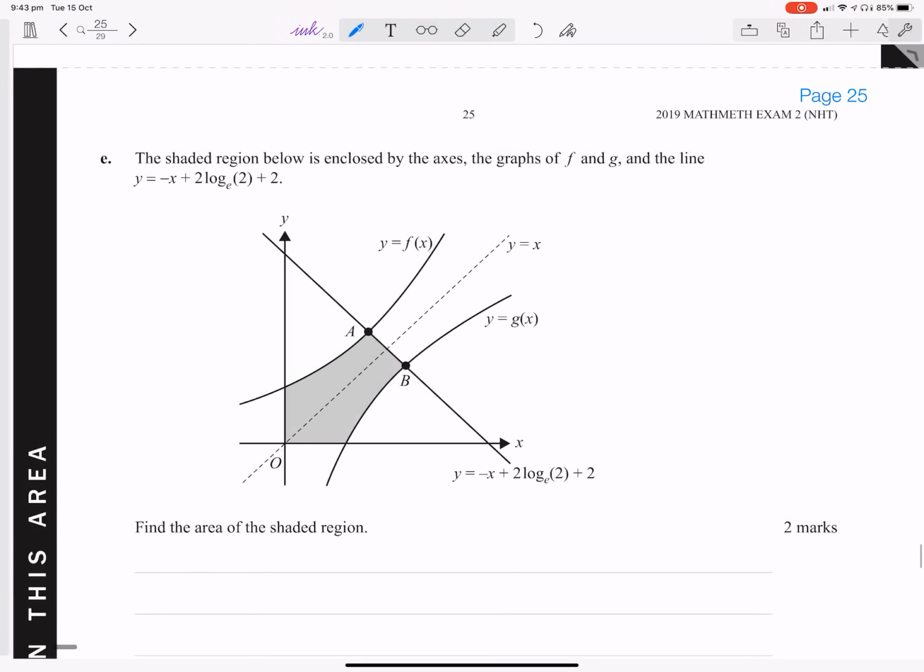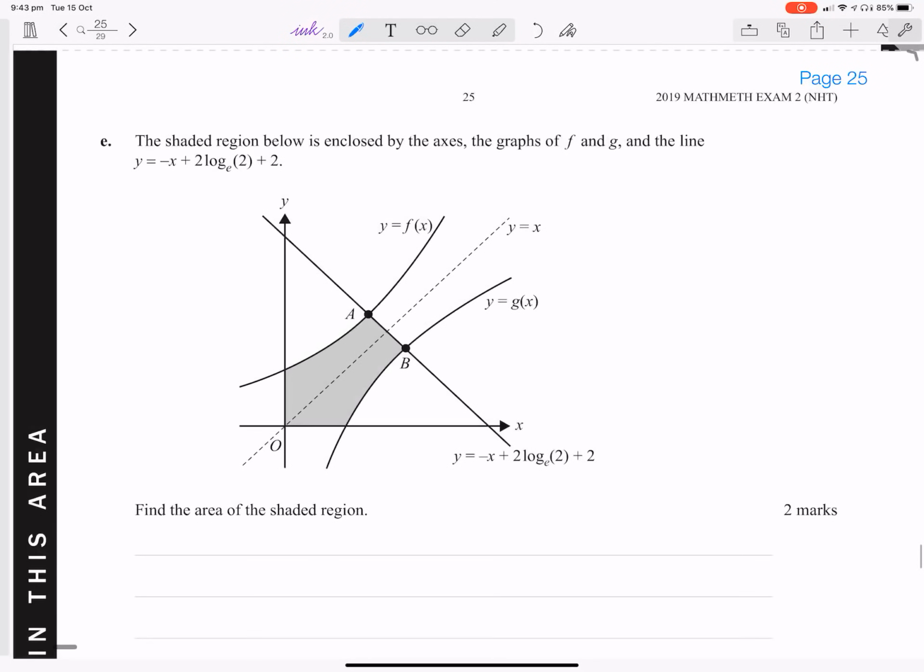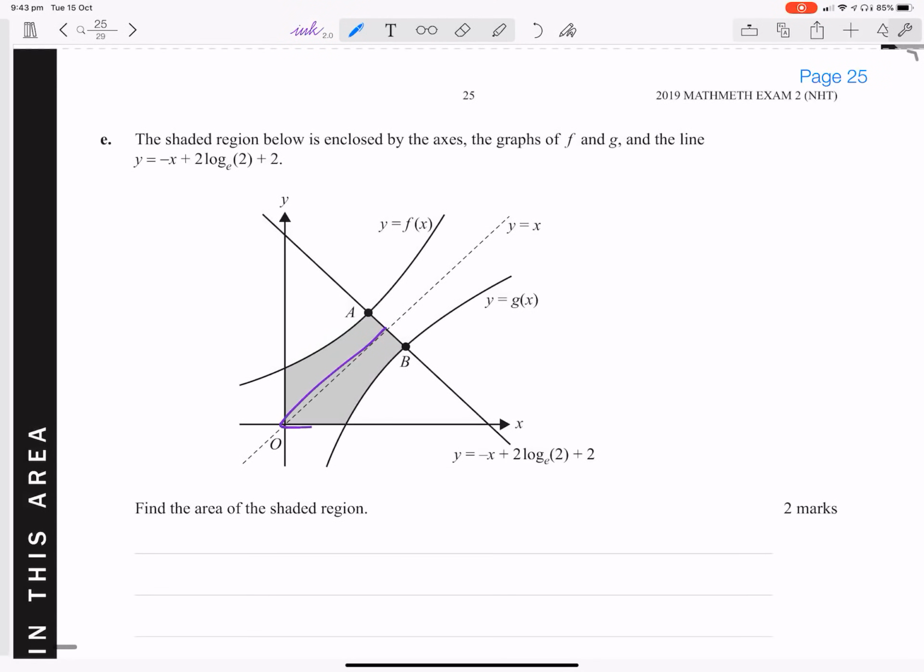Okay, the shaded region below is enclosed by the axes, the graphs f and g and the line. Find the area of the shaded region. Can we do that? It's going to be a bit annoying. We just found out what A was. We know that's going to be under f of x, and we know that this is 1.